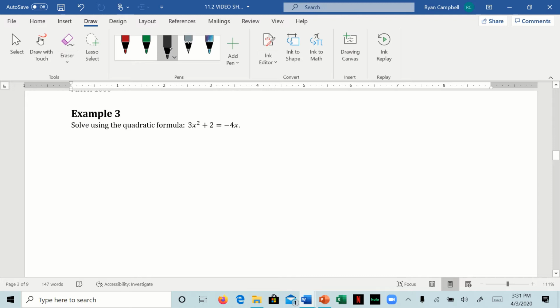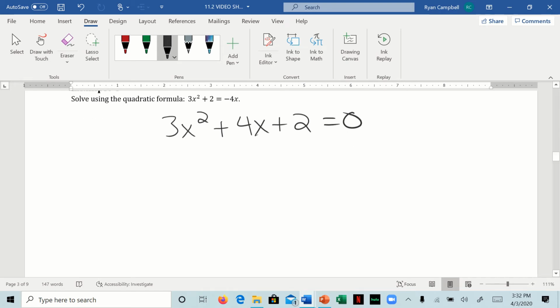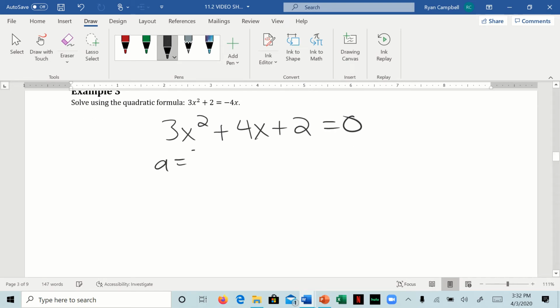All right, Example 3. So step 1, get everything onto one side, writing it in standard form. So we get 3x squared plus 4x plus 2 equals 0. So A is 3, B is 4, C is 2.